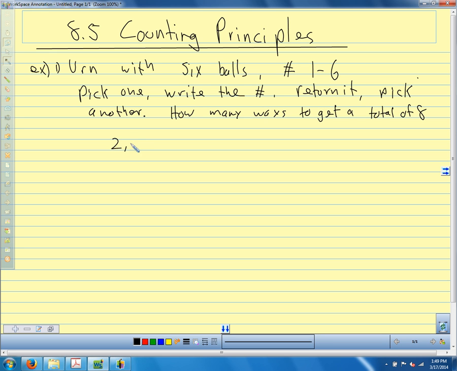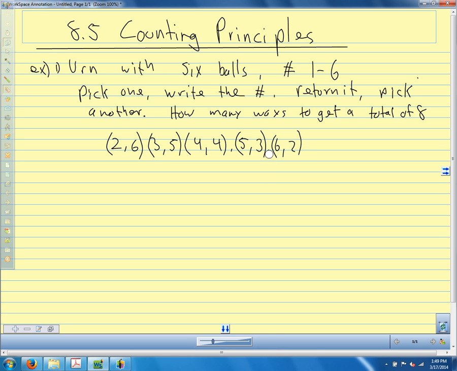We could pick out a 2 and then a 6, a 3 and then a 5, a 4 and then a 4, or a 5 and then a 3, or a 6 and then a 2. Those are the ways that we could end up with a total of 8. So we have 5 ways.